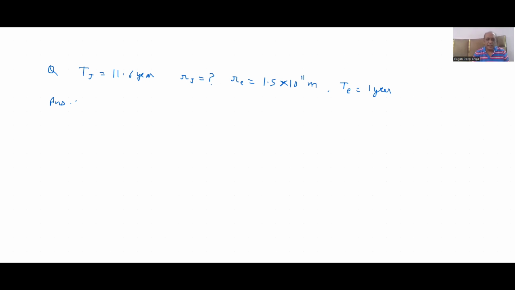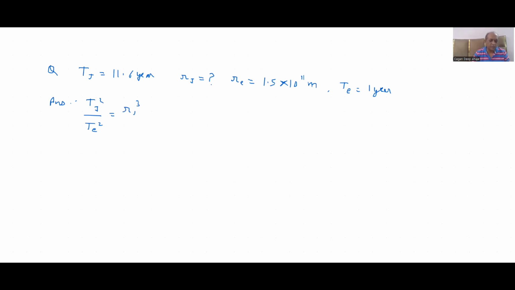Now, since T square is directly proportional to R cube, if I take a ratio of the time period of Jupiter to the time period of Earth, I can say that Tj square divided by Te square will be equal to Rj cube divided by Re cube.